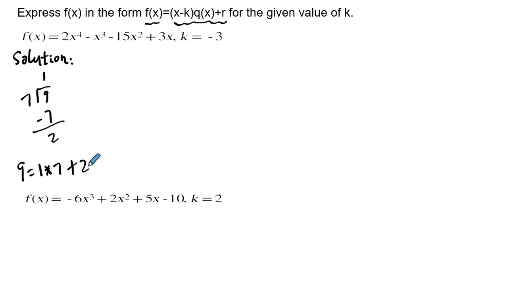Okay, so here are the numbers, but here are the polynomials. We may do the long division for this polynomial, but let's do the synthetic division. For synthetic division, the coefficient of x cubed is -1.